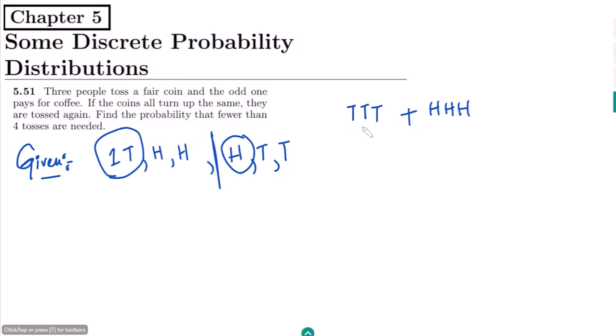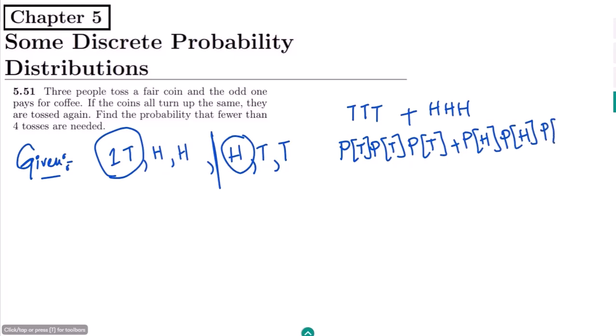To write the probability that all are the same, we write the probability of tail multiplied by the probability of tail multiplied by the probability of tail, plus the probability of heads multiplied by the probability of heads multiplied by the probability of heads.